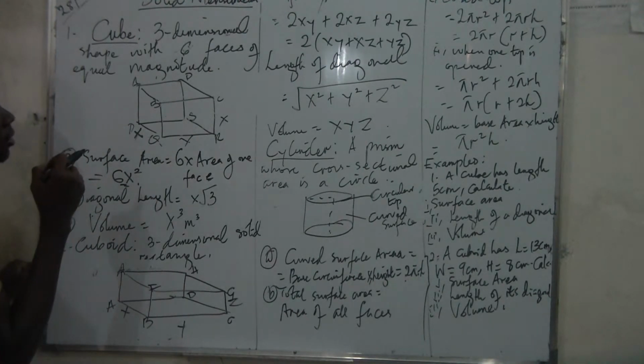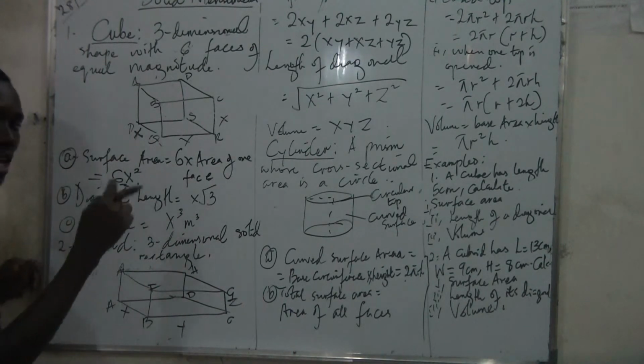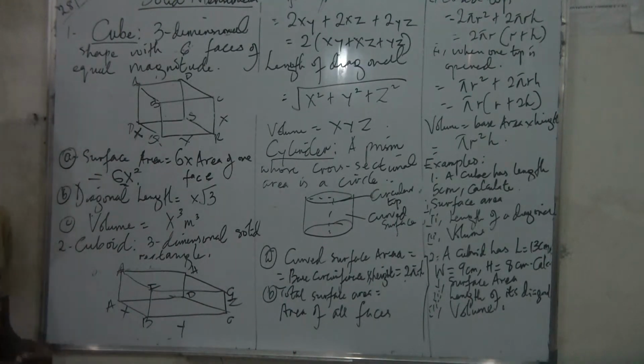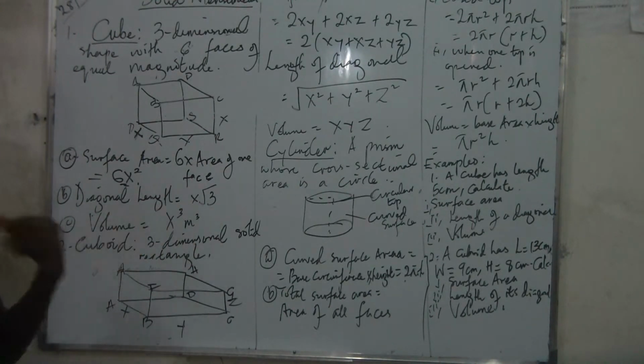But since all sides are equal, then we have s squared plus s squared plus s squared, which gives us 3s squared. So the square root of 3s squared gives us s root 3.